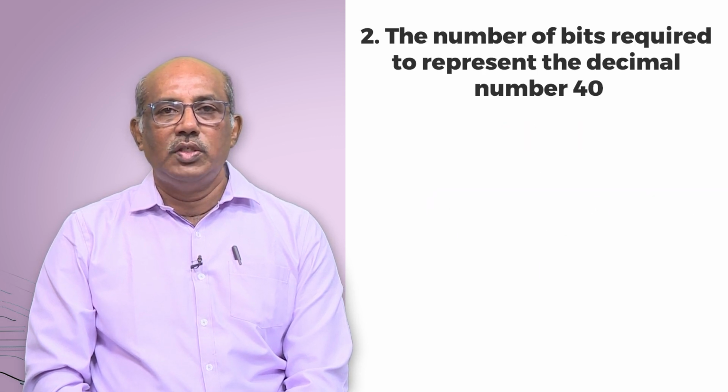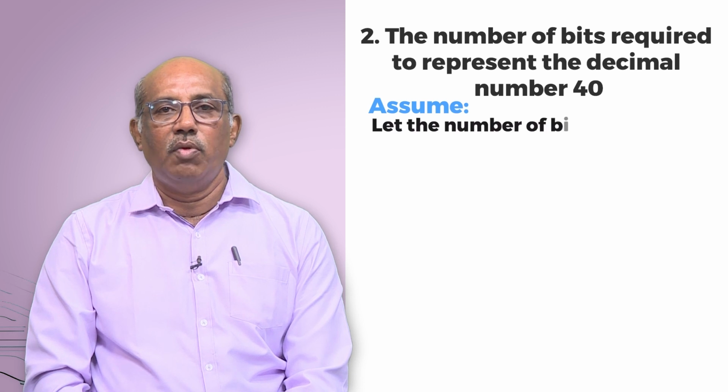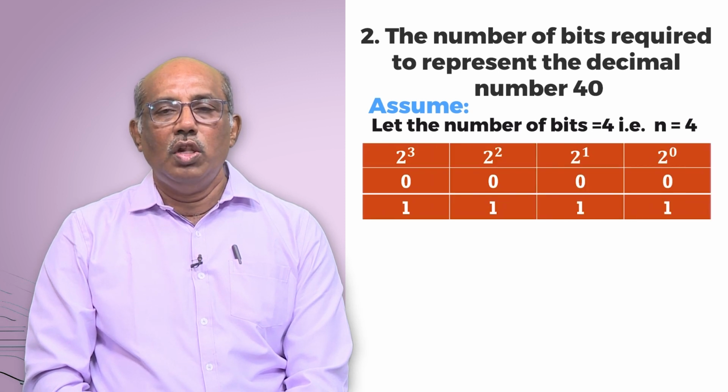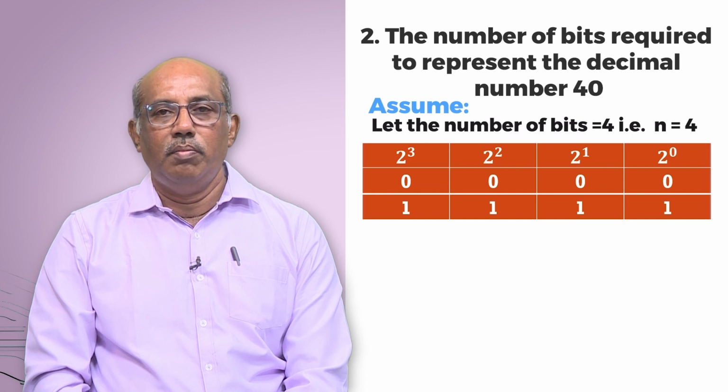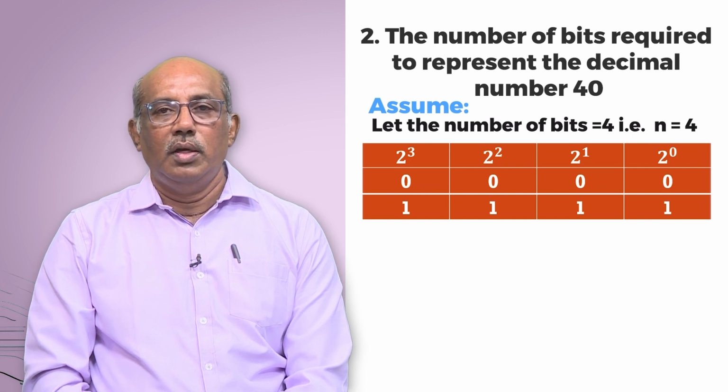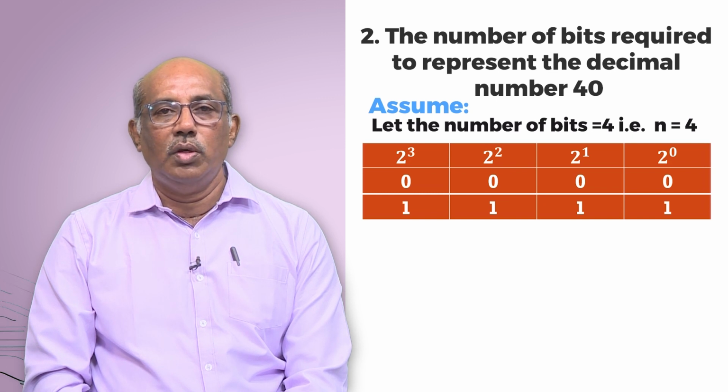Now, we will go to the next question. The number of bits required to represent the decimal number 40. Again, we will assume the number of bits is equal to 4, that is small n is equal to 4, and we know all the positional weights starting from the least significant bit, where the positional weight is 2 raised to 0, and going up to the most significant bit where the positional weight is 2 raised to 3.